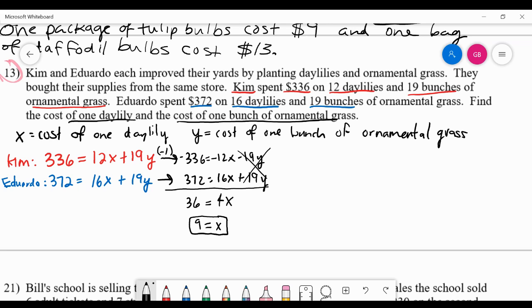And then to find the y value, I'm going to substitute 9 into either equation. Doesn't matter which one, I'll just substitute it into the one on top. So 336 is equal to 12 times 9 plus 19y. 12 times 9 is 108.